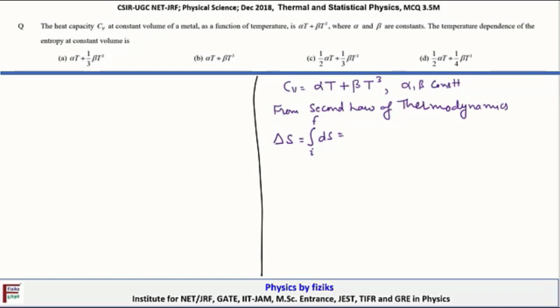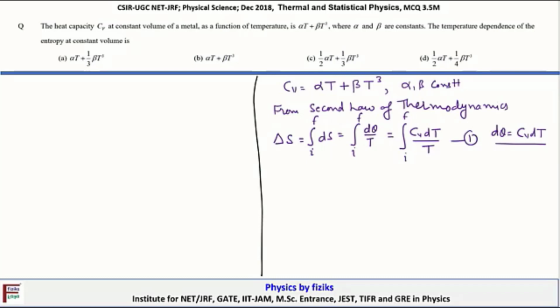By the definition of entropy, that's dq by T, and this can be rewritten for the constant volume process. We know that dq is given by Cv dT, and this is for the constant volume process. So this can be rewritten as the integral from initial state to final state of Cv dT upon T. Let's call this equation 1.